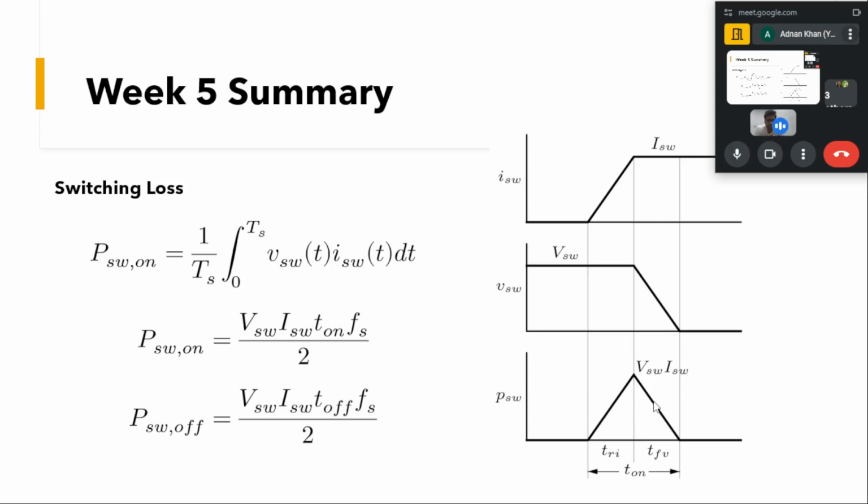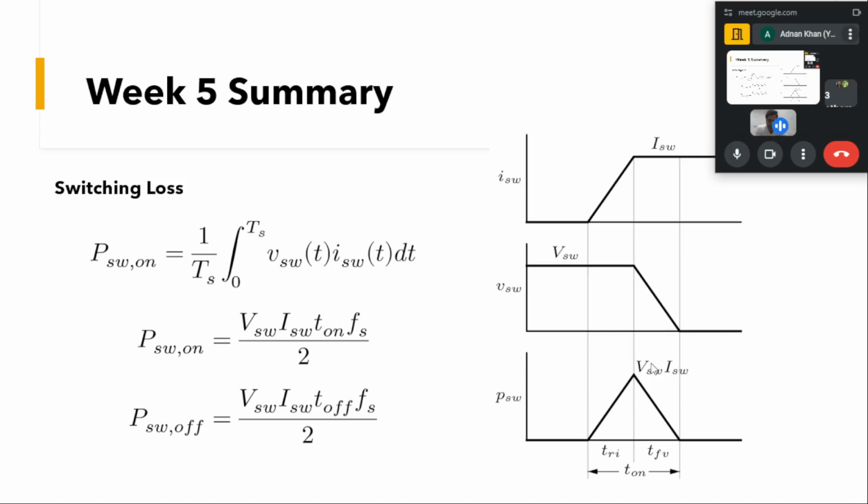If we want the average power loss in this interval, it will be given by 1 by Ts, integral 0 to Ts, V switching into I switching. What we have to do is integrate the area under this triangle and divide it by the whole switching time.